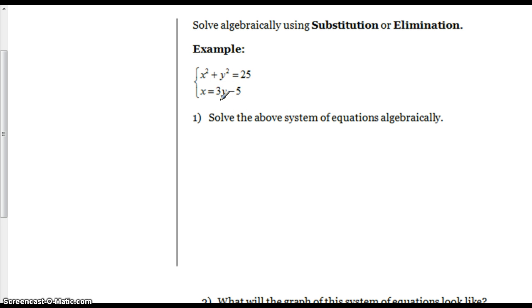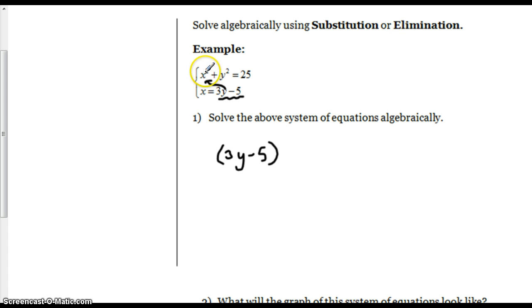So again, remembering substitution, this part here is going to substitute in for that x in that equation. So when we go to start here, this x is going in for there, so the x is equal to 3y minus 5. So in place of that x, we're going to put 3y minus 5.